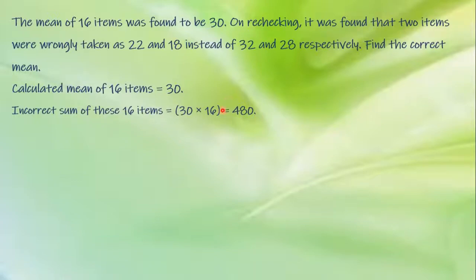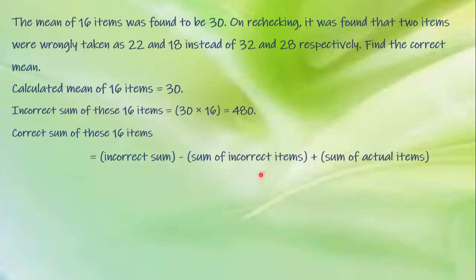We just subtract the wrongly taken items, these two numbers, 22 and 18, from the incorrect sum and add the correct ones, 32 and 28. So the correct sum will be incorrect sum minus sum of incorrect items plus sum of actual items.